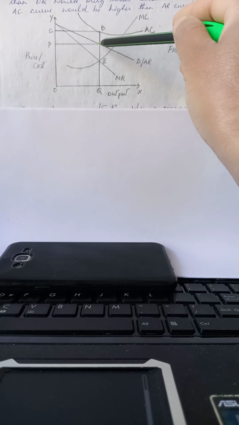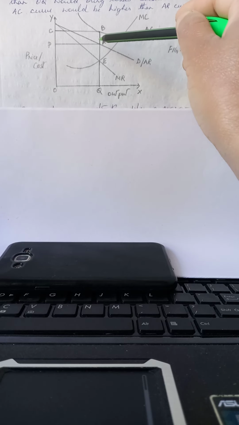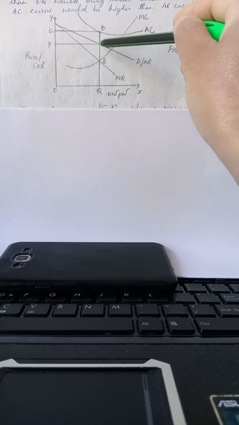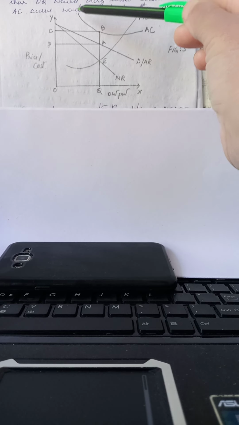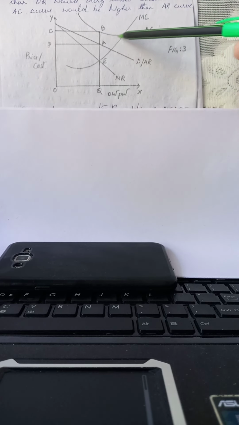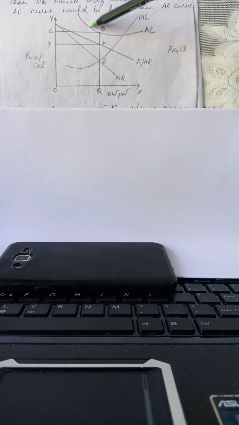We want to know how much his average cost is. Now let's have a look. Where is his average cost? His average cost is somewhere here, in this particular area.